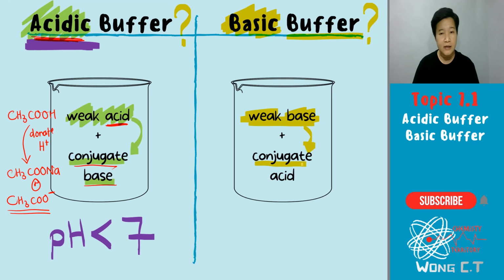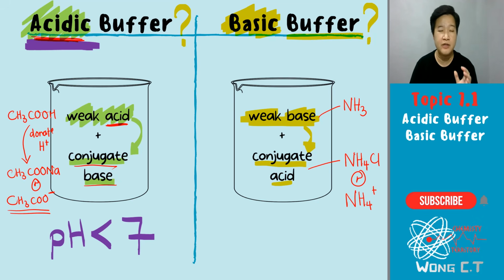Again, like the acidic buffer, there must be the correct pairing. For example, the weak base that we always come across, ammonia. So who is the conjugate acid? The conjugate acid can be your NH4Cl, or sometimes we will just write it as NH4+.